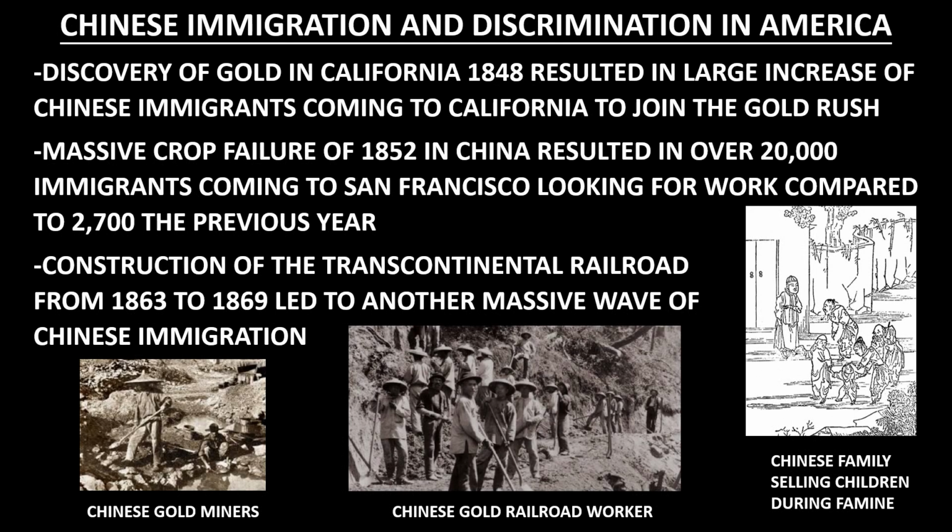Discovery of gold in California in 1848 resulted in a large increase of Chinese immigrants coming to California to join the gold rush. The massive crop failure of 1852 in China resulted in over 20,000 immigrants coming to San Francisco looking for work, compared to 2,700 the previous year. Construction of the Transcontinental Railroad from 1863 to 1869 led to another massive wave of Chinese immigration.